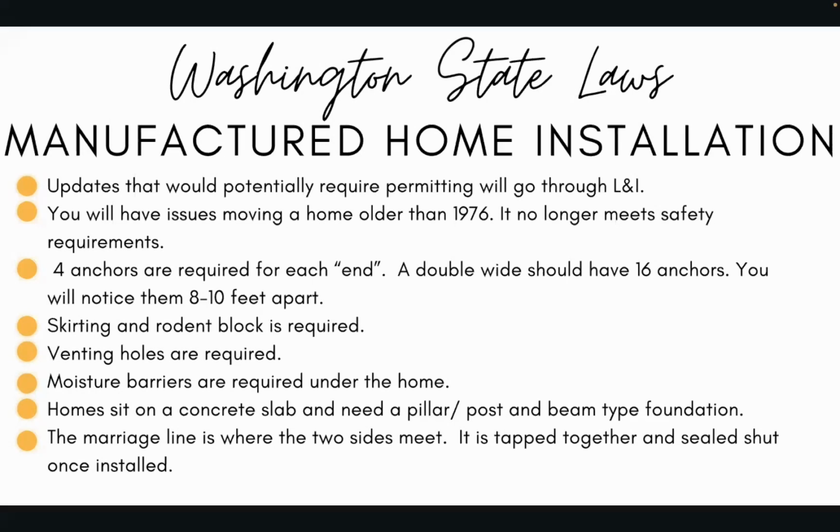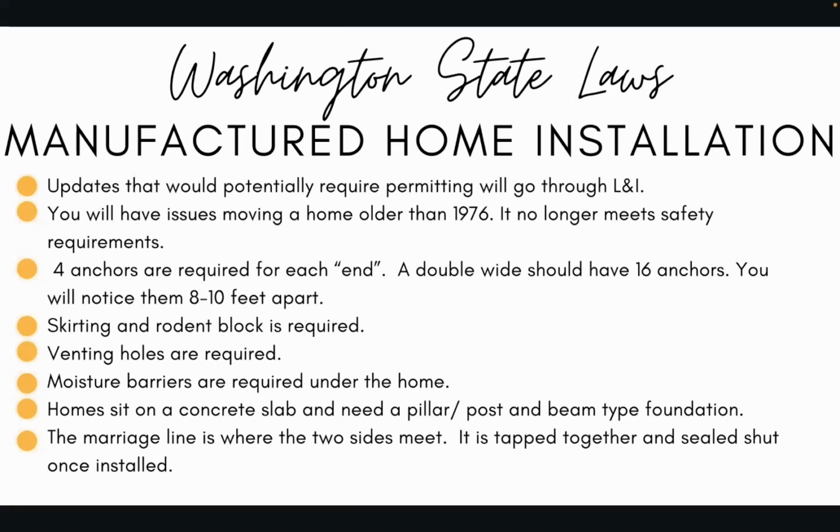When it is affixed to the land, you'll see approximately 4 anchors for each end of that home. An example would be a double wide, which has 4 ends, front and back on 2 sides, so you'll have roughly 16 anchors holding them down. You'll notice that they're spaced anywhere from 8 to 10 feet apart.